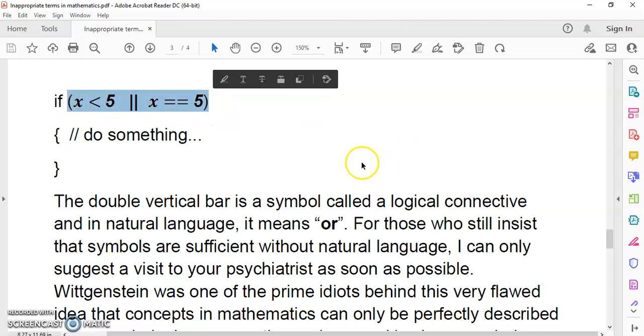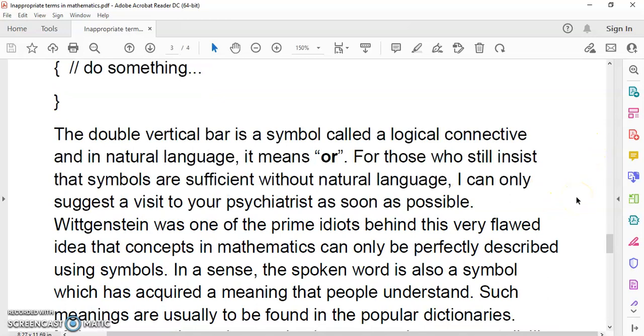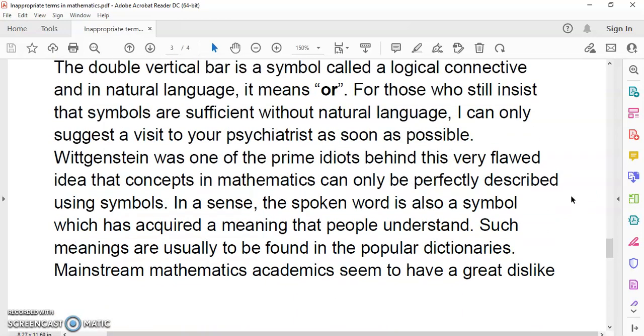So anyone who says that symbols are better than natural language is quite frankly an idiot. For those who still insist that symbols are sufficient, I can only suggest a visit to your psychiatrist as soon as possible. Now, Wittgenstein was one of the prime idiots behind this very flawed idea that concepts in mathematics can only be perfectly described using symbols.